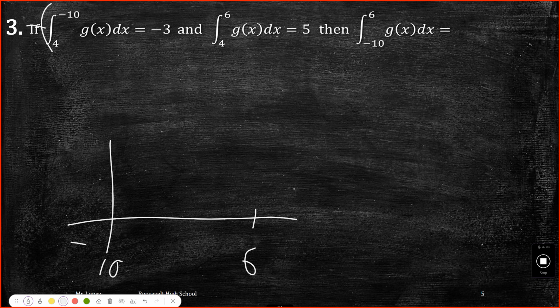It becomes, if you then change the bounds, and then this better become what? I think that's the easiest way to do it. This becomes positive.